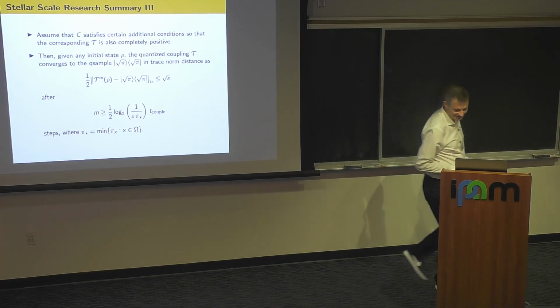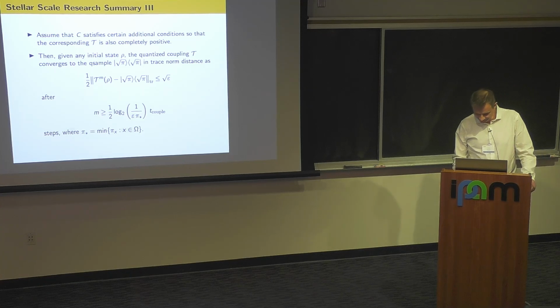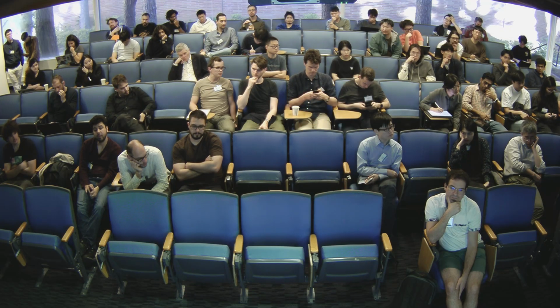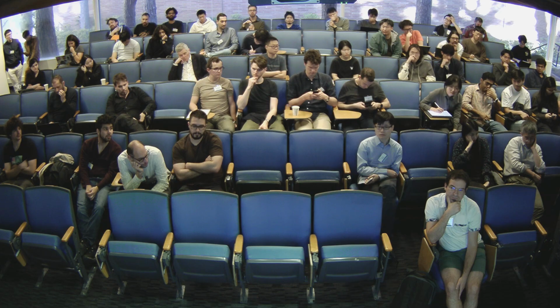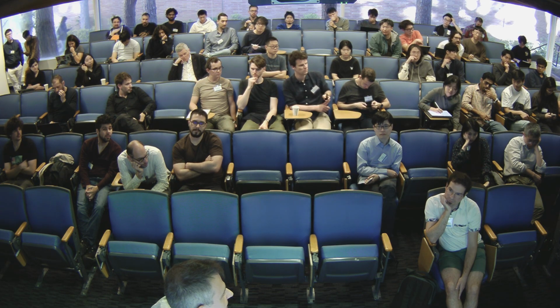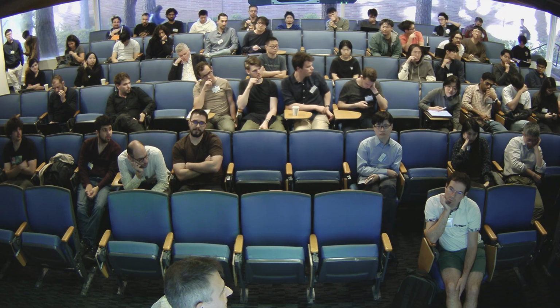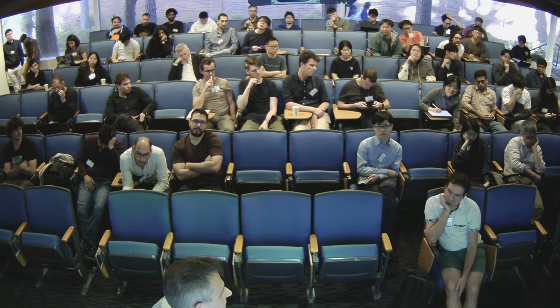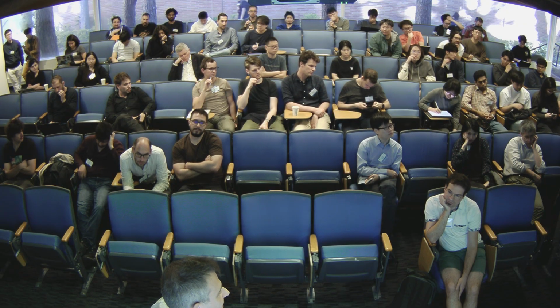How do you compare this quantum result with the classical one? Are they basically the same? I do think that when you have the coupling matrix and also T-couple on the classical side, you can also derive some mixing time.